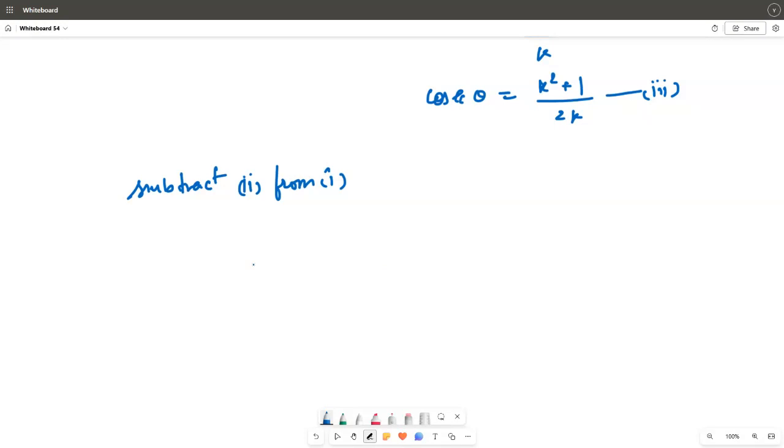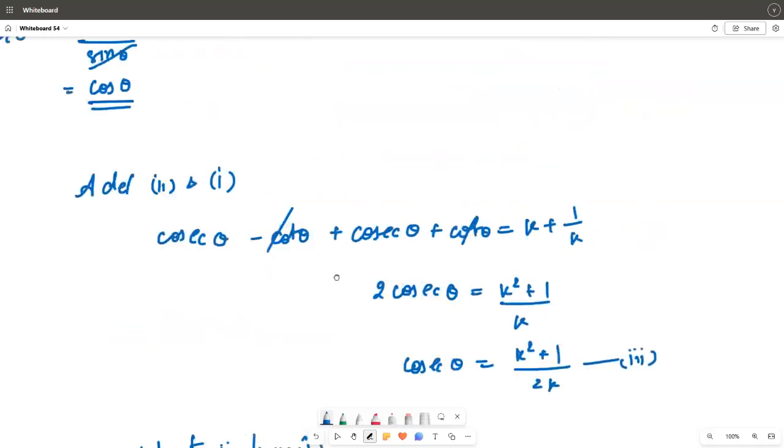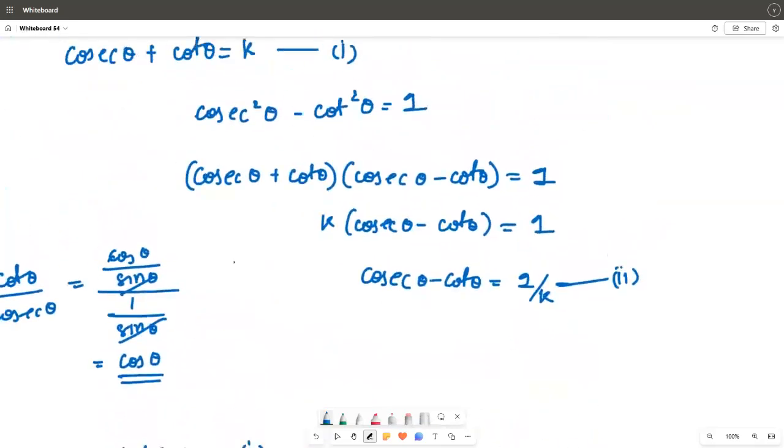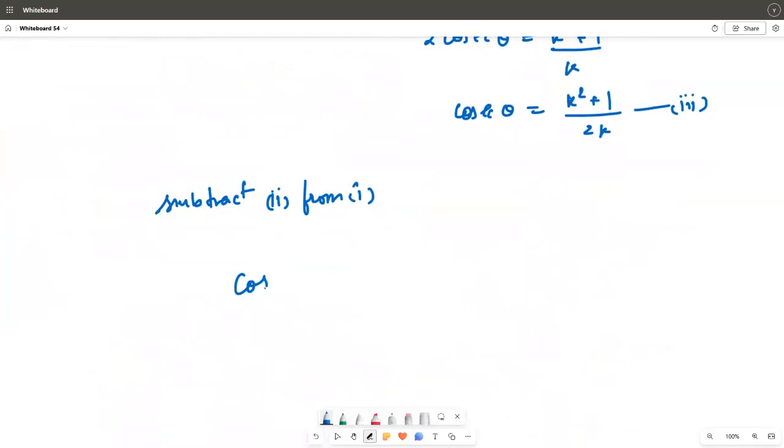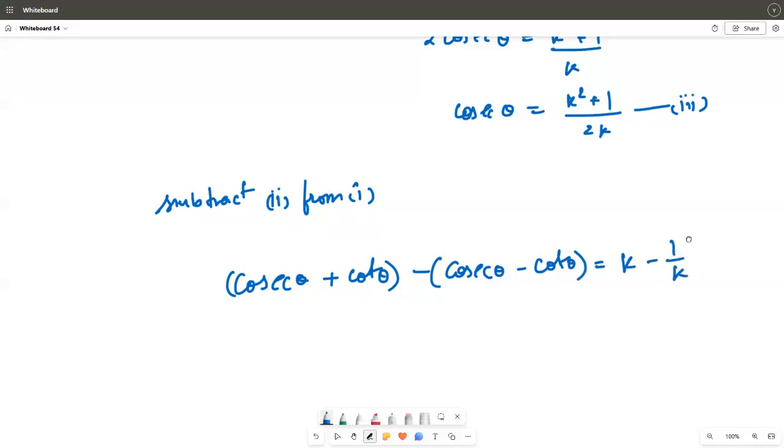So the first equation is cosec theta plus cot theta minus cosec theta minus cot theta, which is equal to k minus 1 by k.